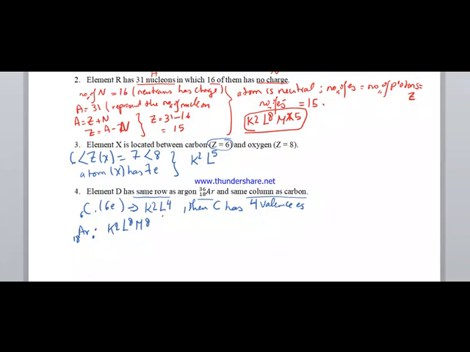D has the same row as Ar. Then in D, the row is equal to 3, while the column is equal to 14 as carbon.